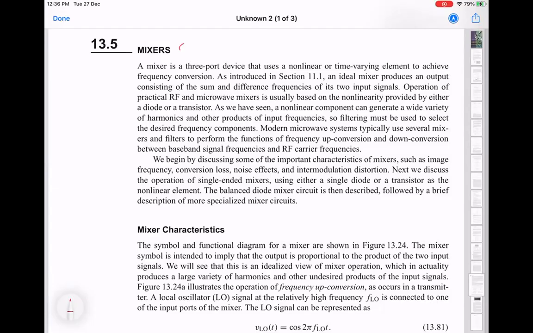And again, there are many different ways of constructing it. But essentially, we talked about the fact that mixers allow you to multiply signals, right? And for that, you need some nonlinear element in it. Because if you send two signals in a linear system, what you get is just the sum of them, right?